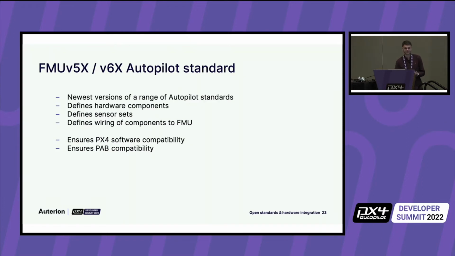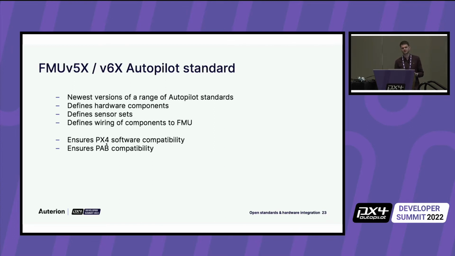They define a set of hardware components that are inside an autopilot. They say you're going to use this processor, this accelerometer, this gyroscope, this barometric pressure sensor, and this EEPROM chip, and they're going to be connected this way to the processor. By following the standard, you ensure it's compatible with PX4 out of the box.